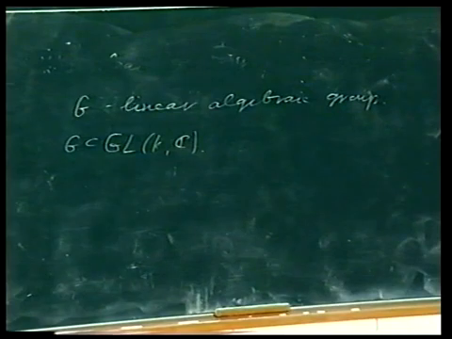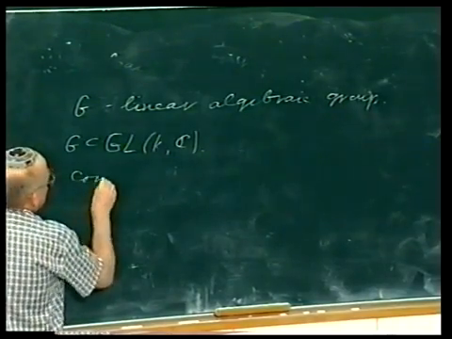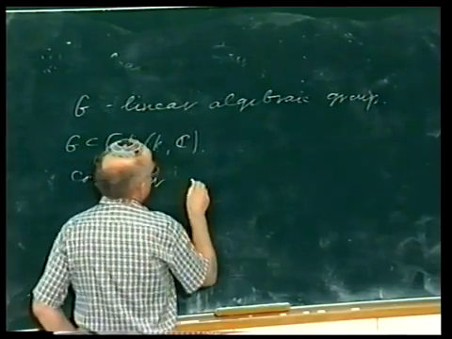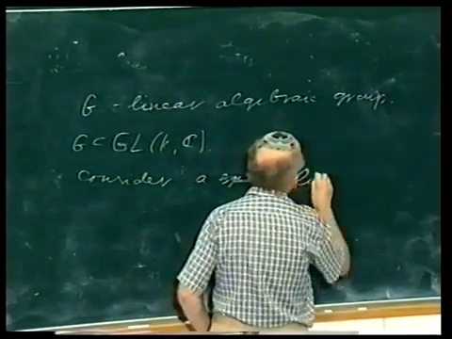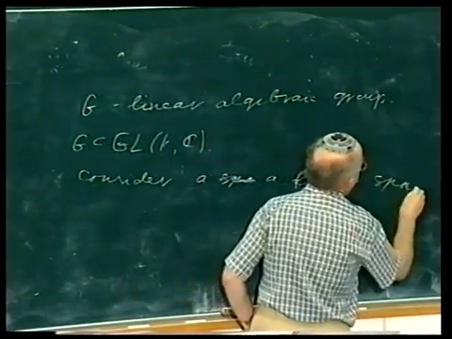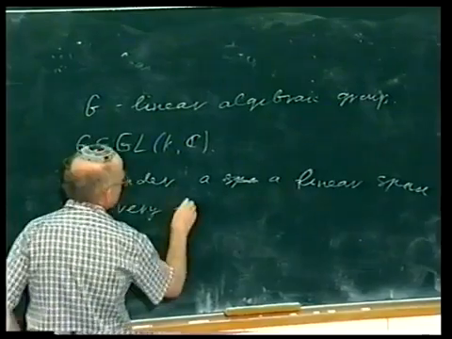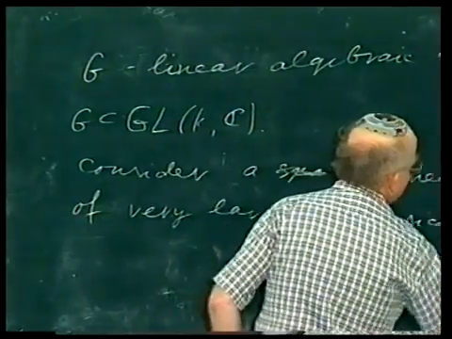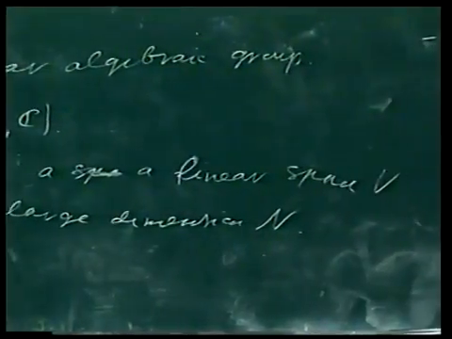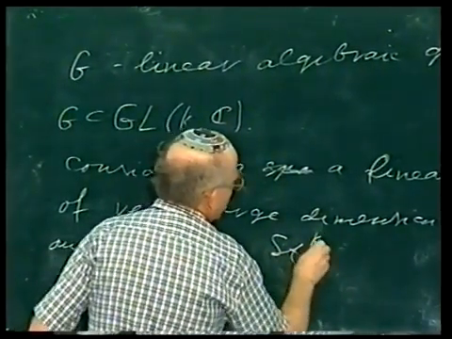Then I want to construct some free G-spaces. The natural space which comes to mind is the following: find a linear space V of very large dimension, and consider the Stiefel variety, Stiefel_k(V).